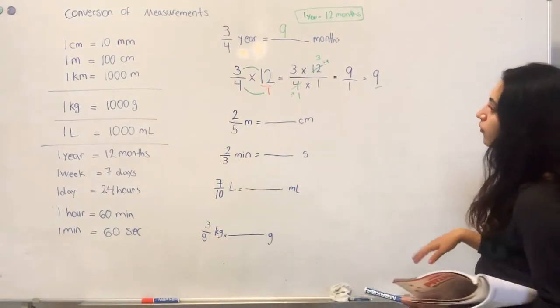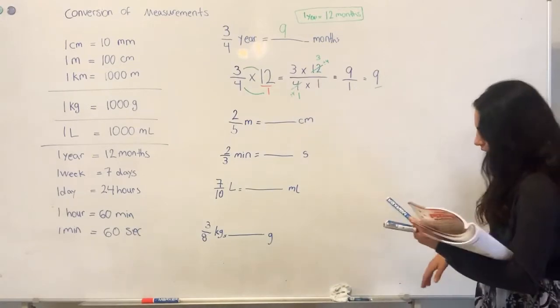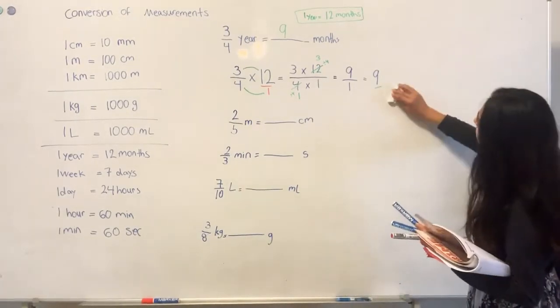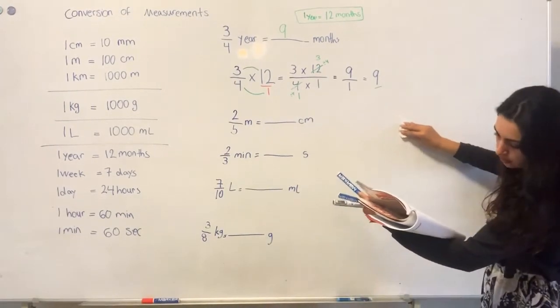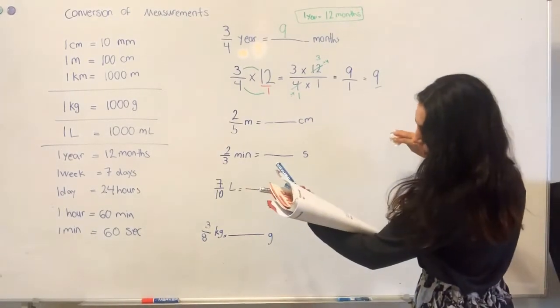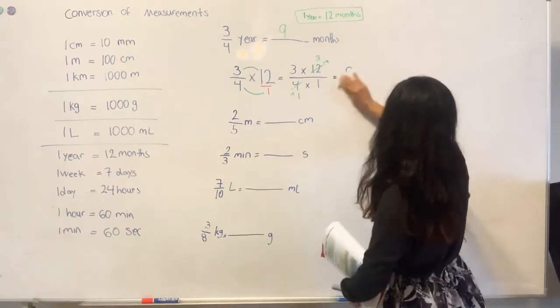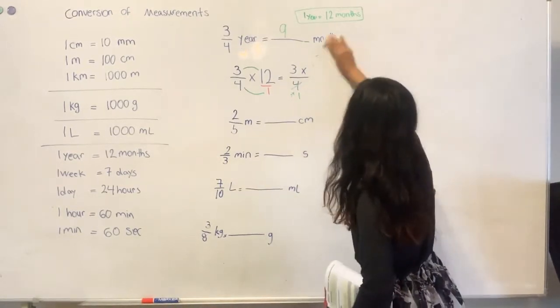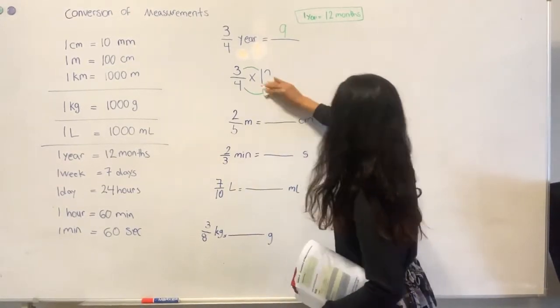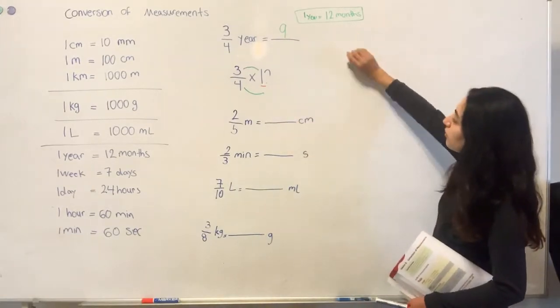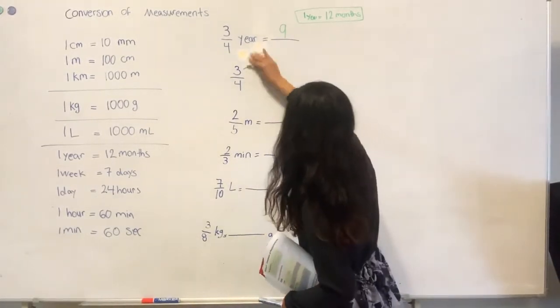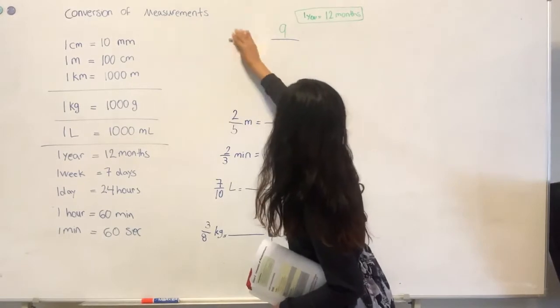Another example for measurements, I can do the next example for you, which is converting a measurement from a larger unit to compound unit. So let me erase this one for you. I want you to follow the same rules that I do for this one.